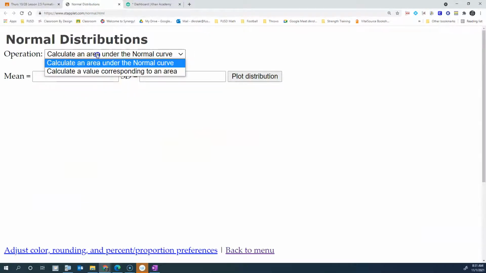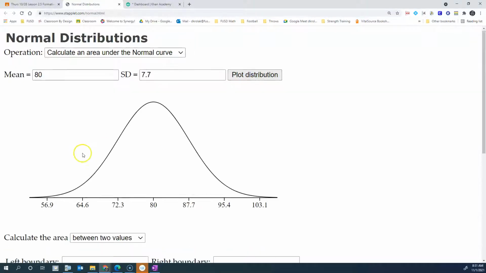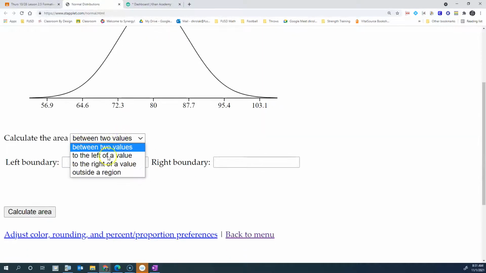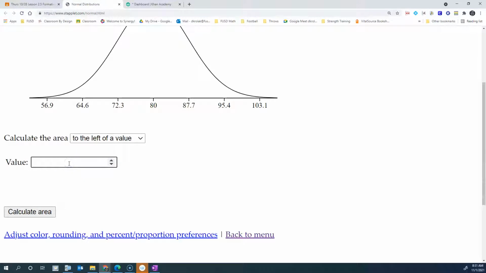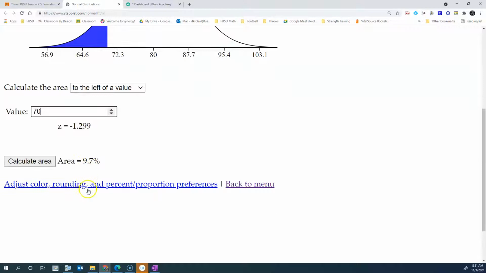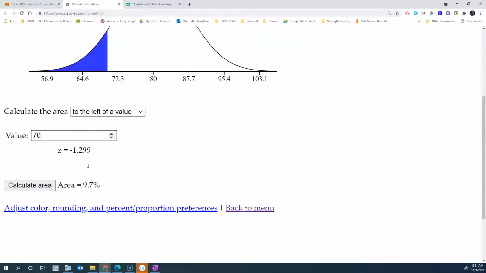Calculate the area under a normal curve. This was 80, this was 7.7. I wanted to find the area to the left of 70. Then my area was 9.7%.